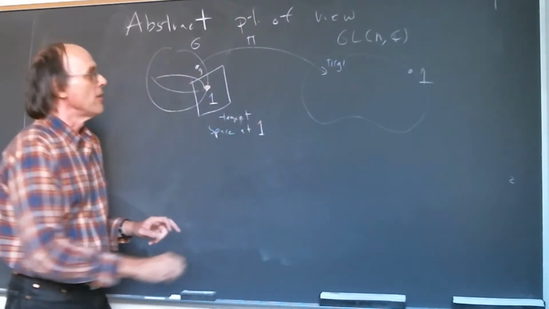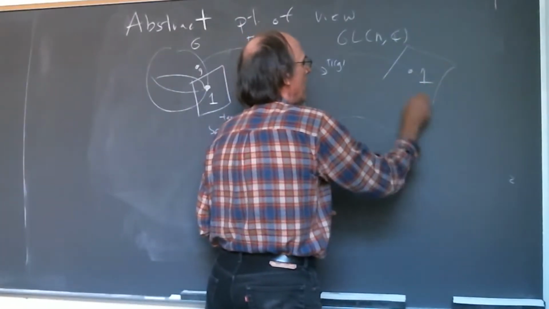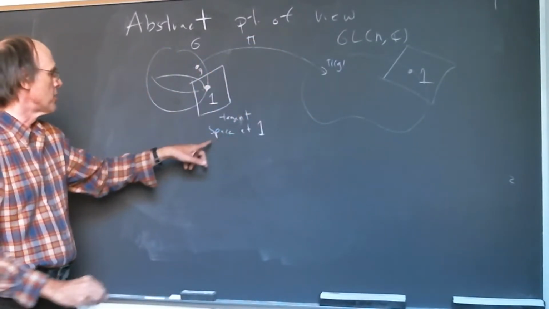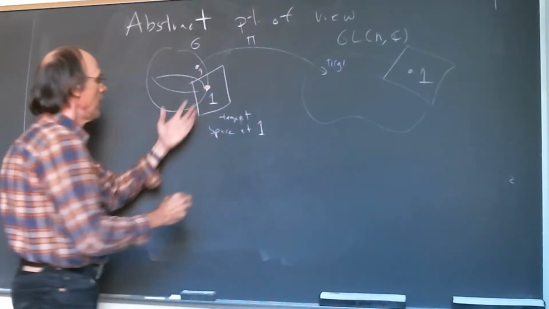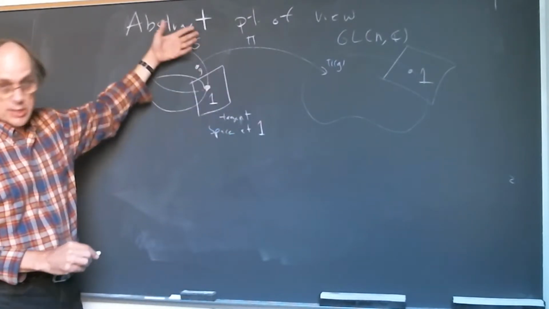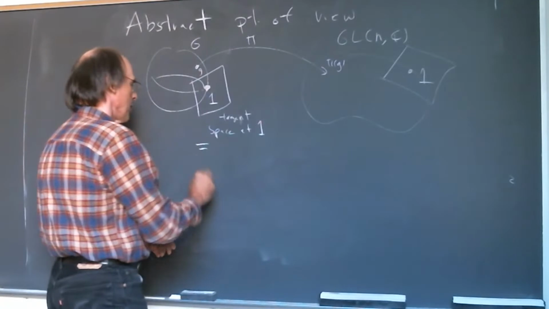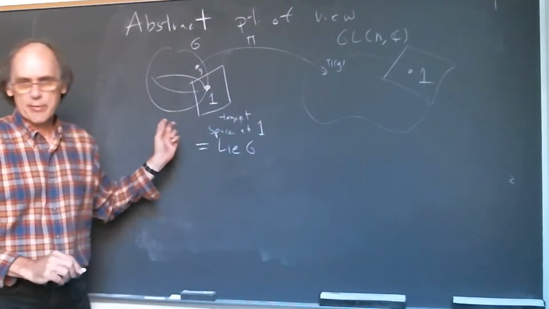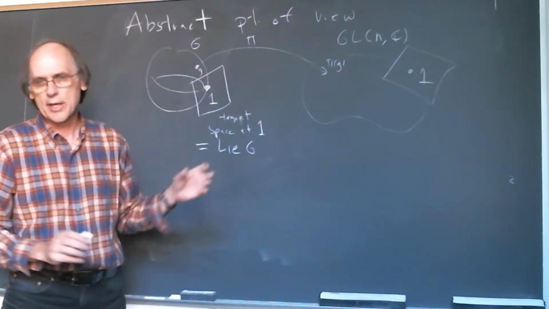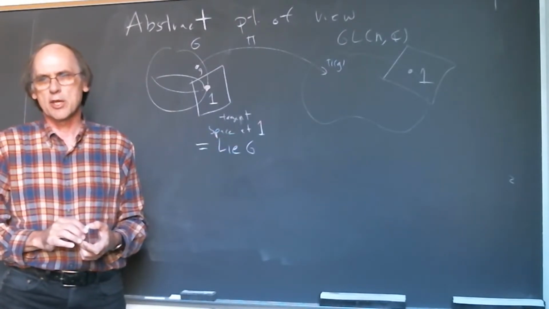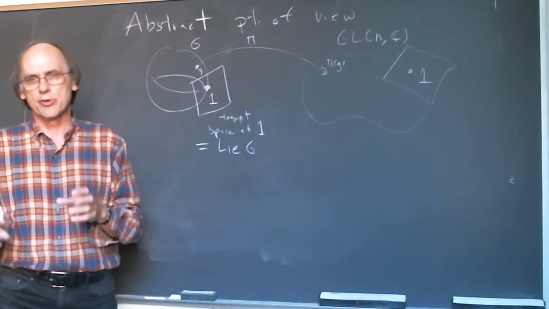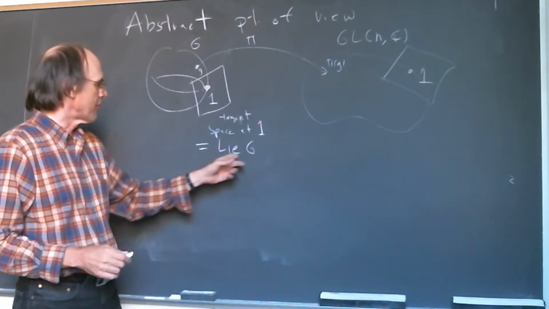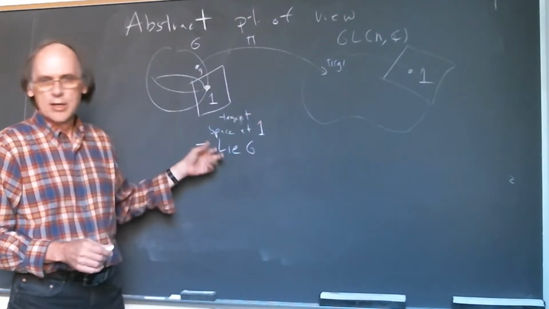You take the tangent space at the identity here, and this linear approximation to the group is what you call the Lie algebra of G. Among mathematicians, the convention is to use the German Fraktur font for this, but since I have trouble writing those on the blackboard, I'll often just write Lie in front.